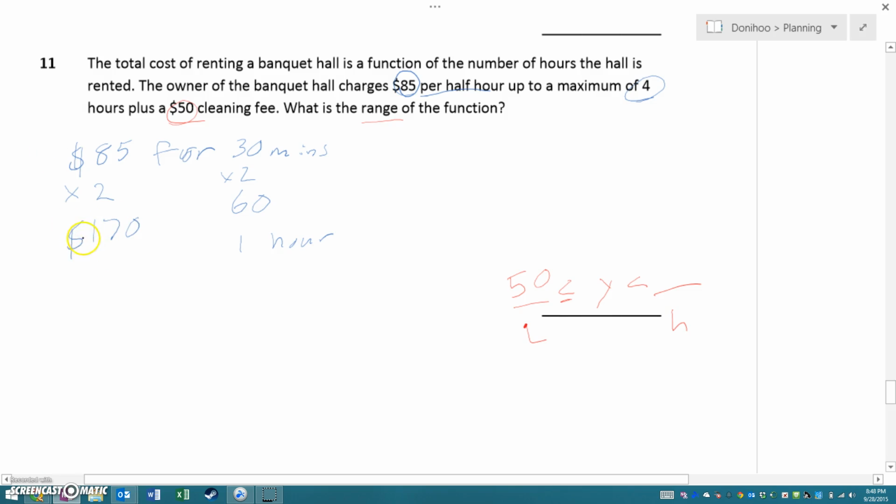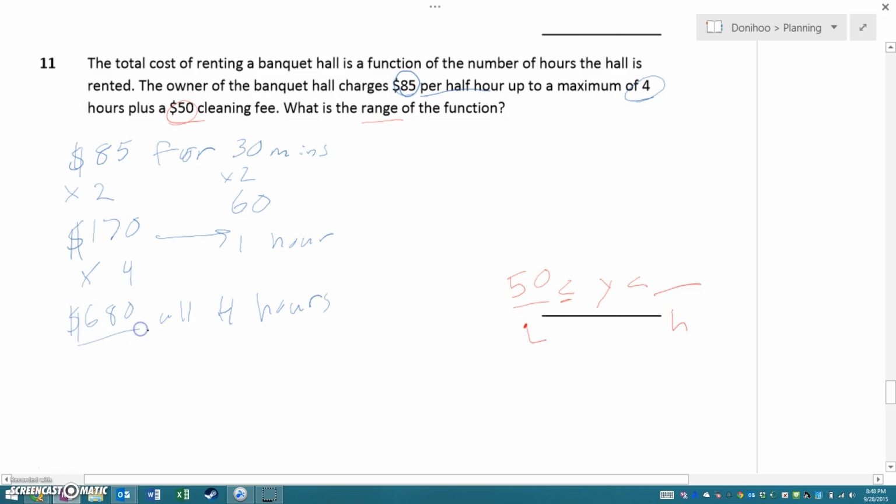That'd be $170 for just 1 hour. Well, for 4 hours then, we're going to have to take that 170 and multiply it with 4. Because if we're looking at the maximum time. So multiply with 4. Once you multiply with 4, you'll find out that you get $680. And that's for all 4 hours.